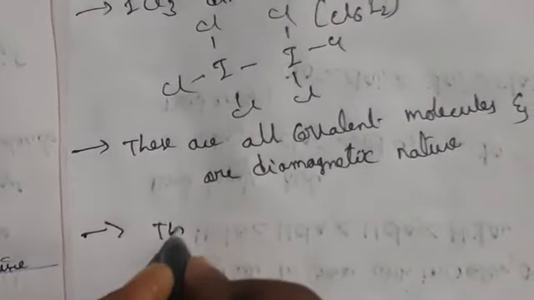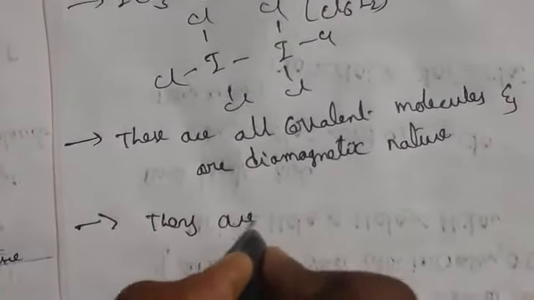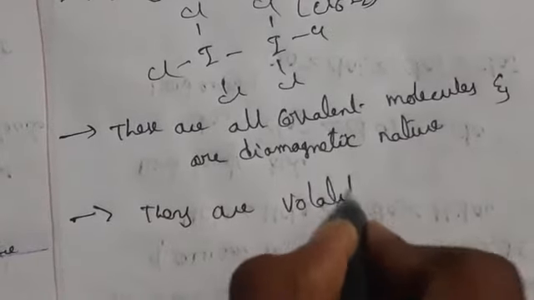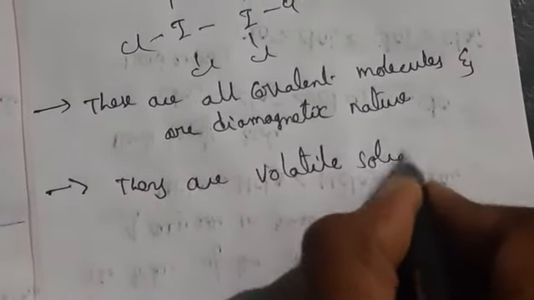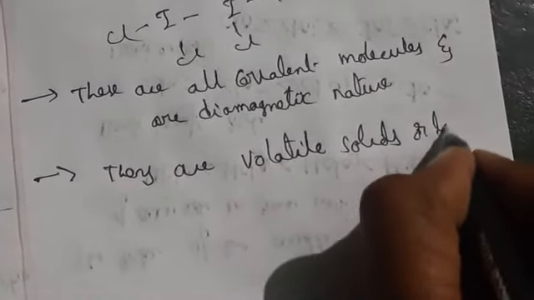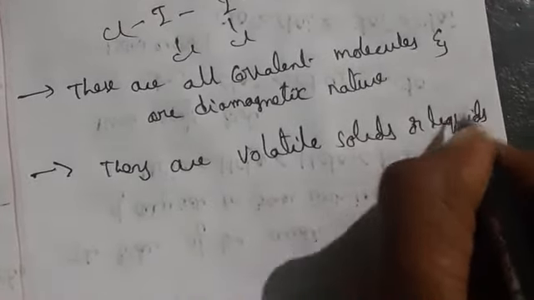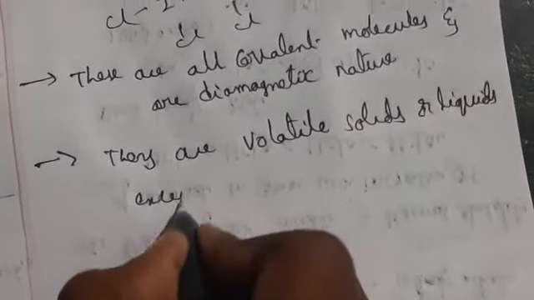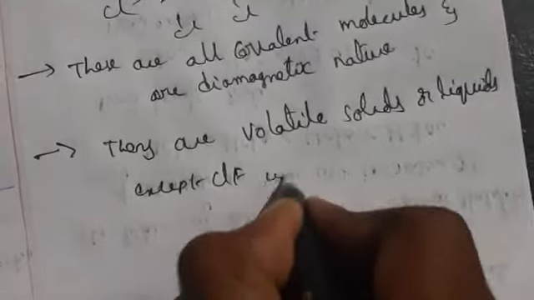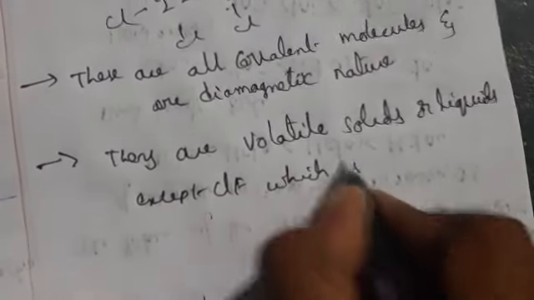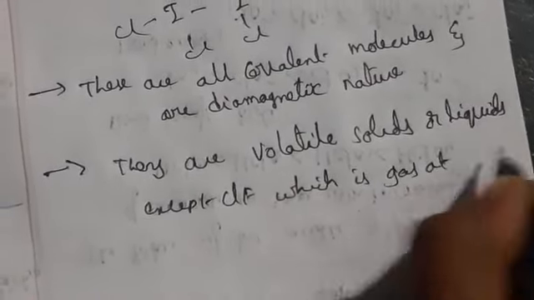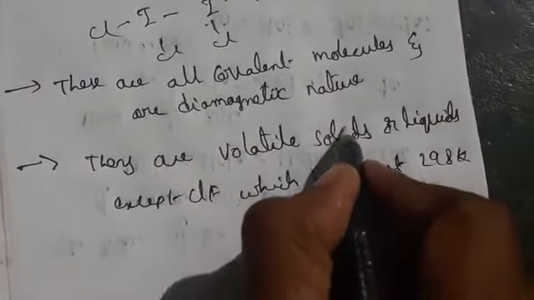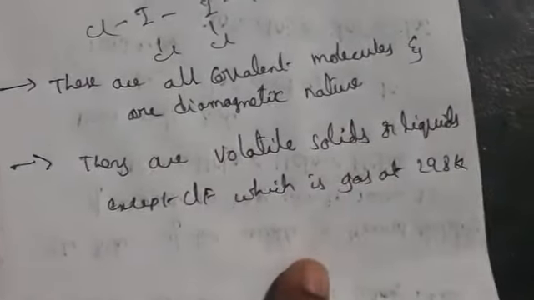And also they are volatile solids or liquids, except ClF, which is a gas at 298 Kelvin. Volatile solids means liquids which can easily evaporate.